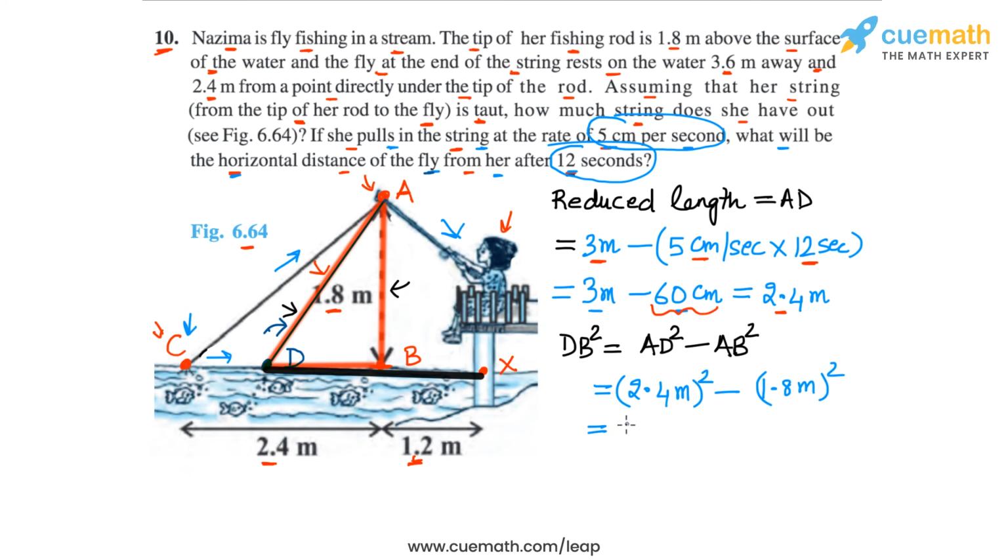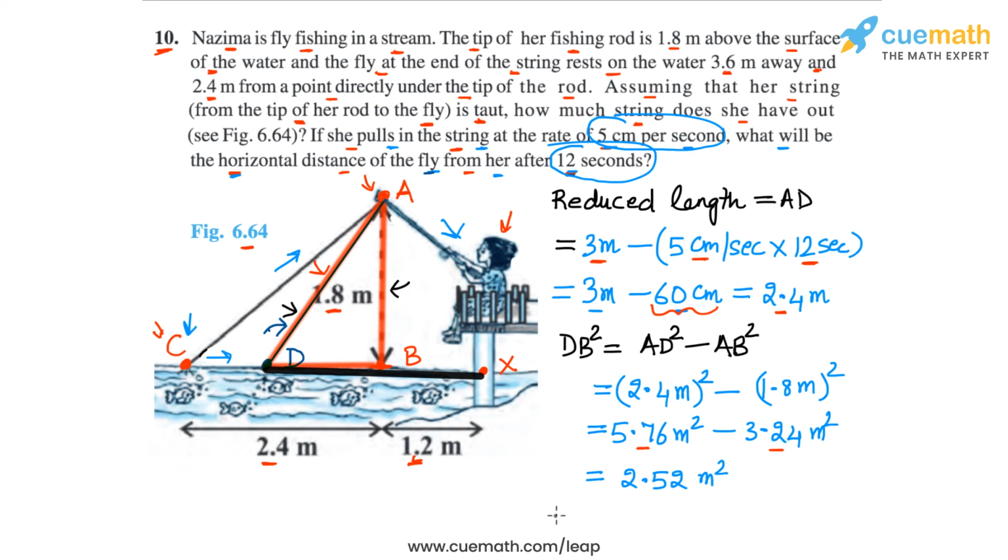Okay, so 2.4 square is 5.76, so we get 5.76 meters square, minus 1.8 square is 3.24, so we get minus 3.24 meters square. And now 5.76 minus 3.24 is 2.52, so we get 2.52 meter square.